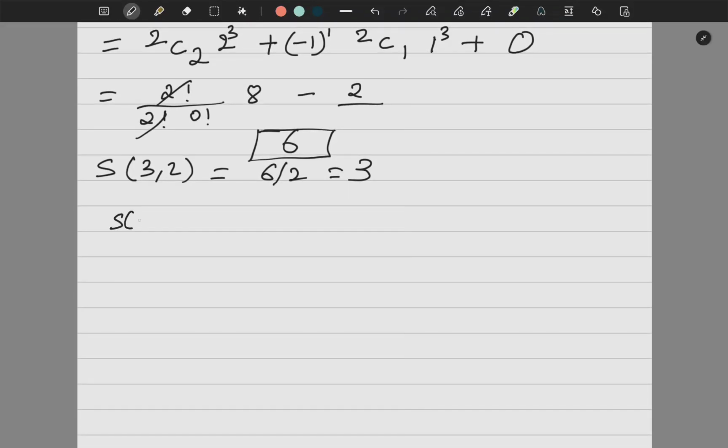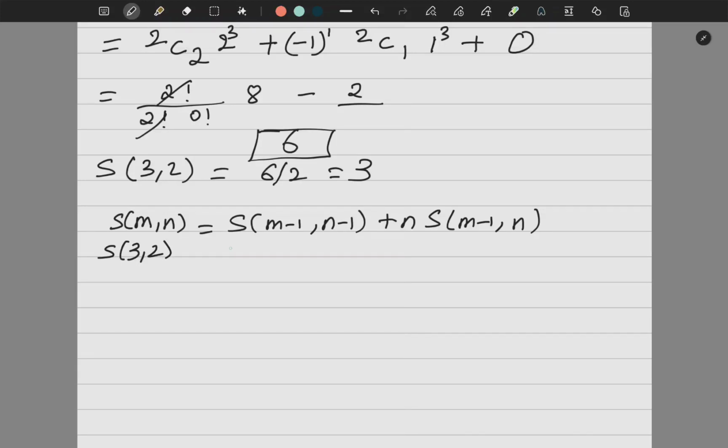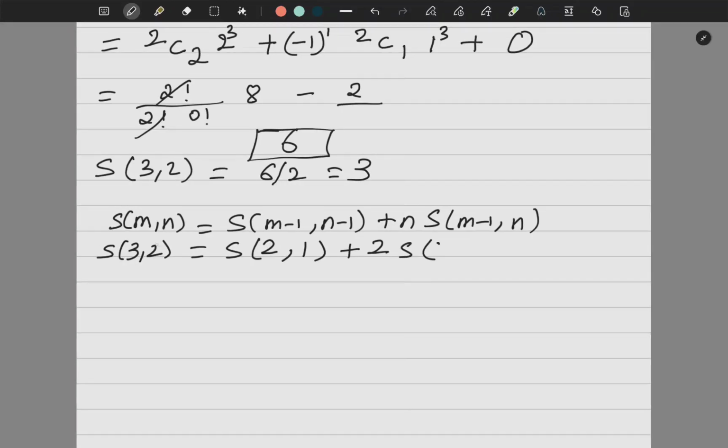I told you this formula as well: S(m, n) is equal to S(m-1, n-1) plus n S(m-1, n). Now let us substitute. S(3, 2) is equal to S(2, 1) plus 2 S(2, 2), since m is 3.